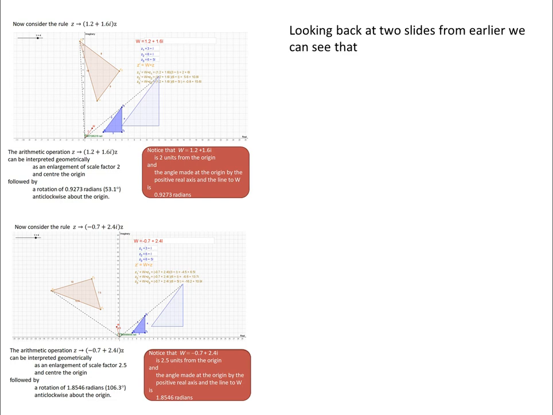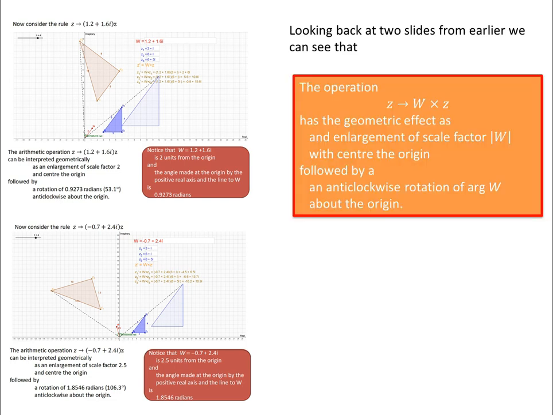A similar result held when we had the second multiplication transformation. So, if we've got the operation z goes to w times z, then the geometric effect is an enlargement of scale factor modulus of w and centre the origin, followed by an anti-clockwise rotation of the argument of w about the origin.